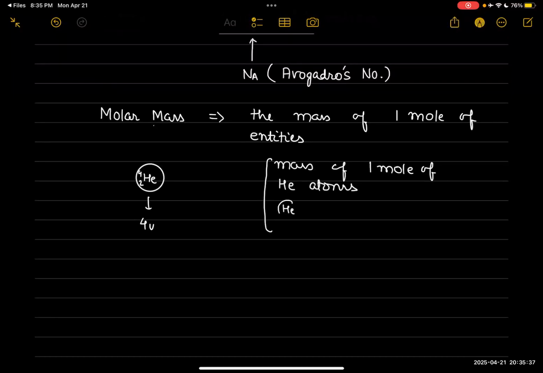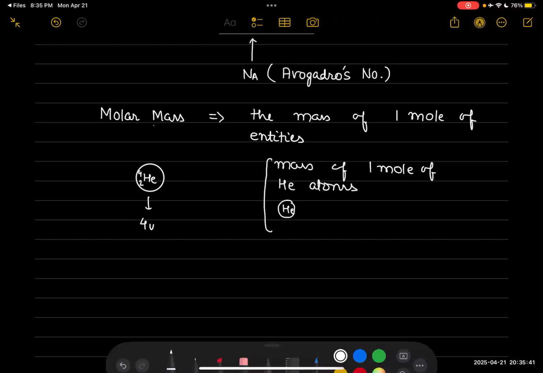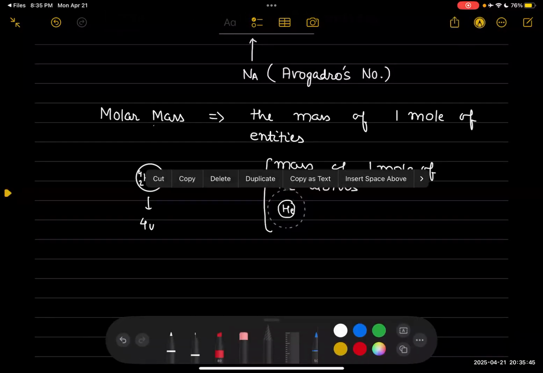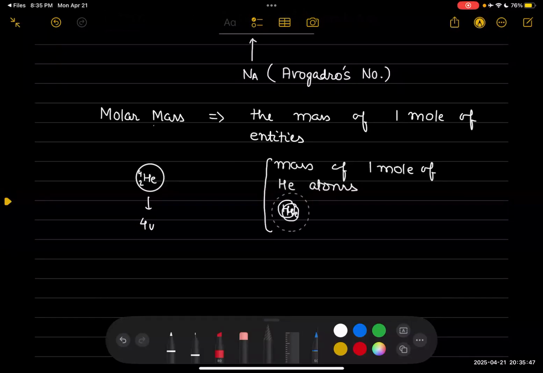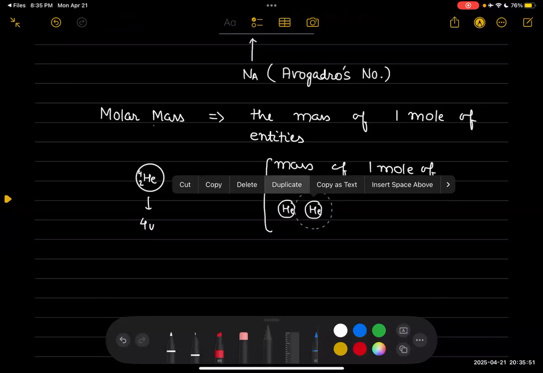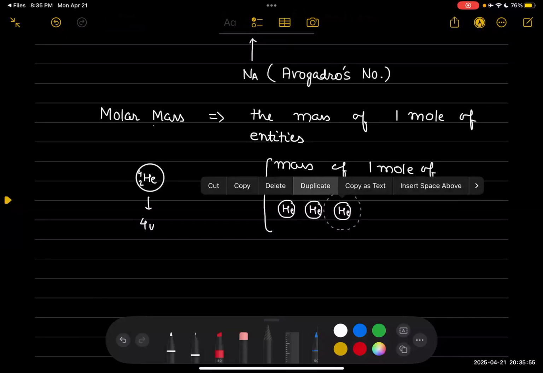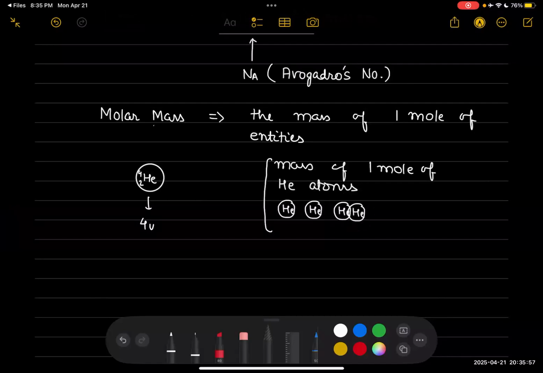It contains 1 mole. How many helium atoms? A very large number.